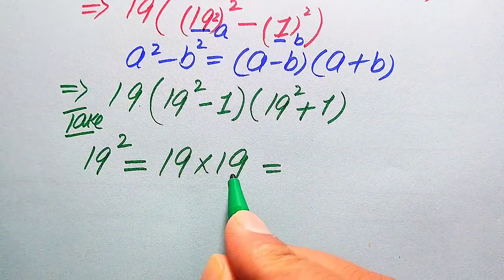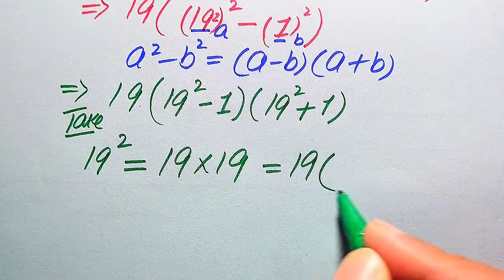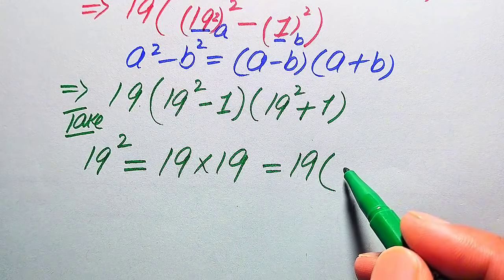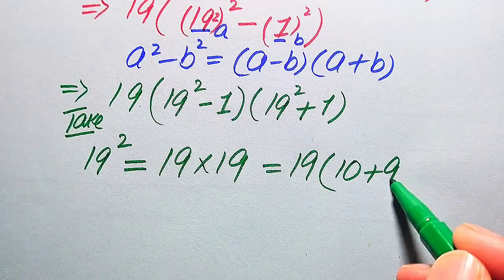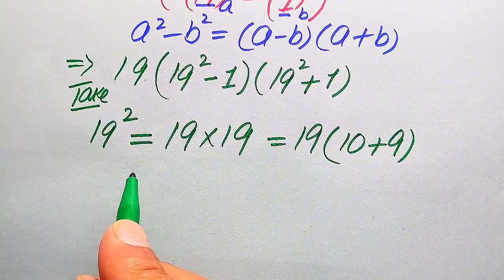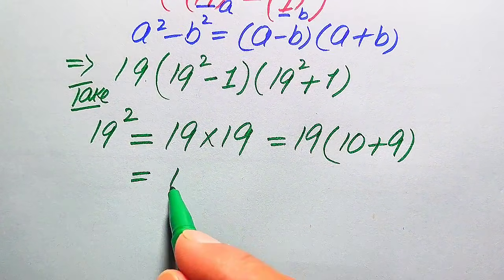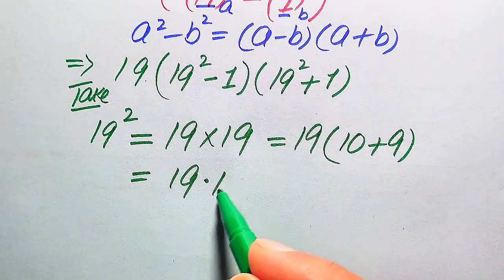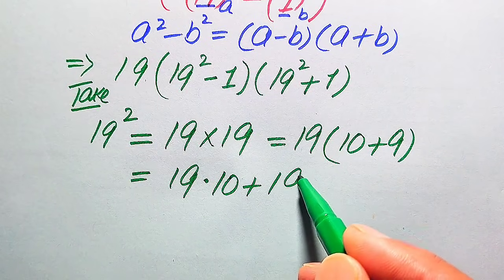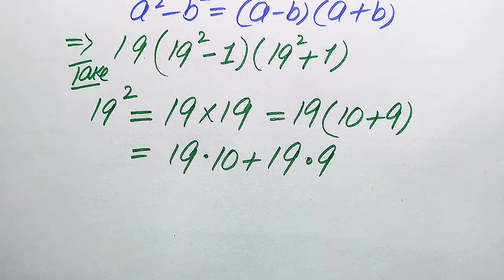First we need to break this 19 into the form of tens and ones. So we write it as 10 plus 9. And further in the next step we multiply 19 separately on both of these values, and it becomes 19 multiplied by 10 plus 19 multiplied by 9.